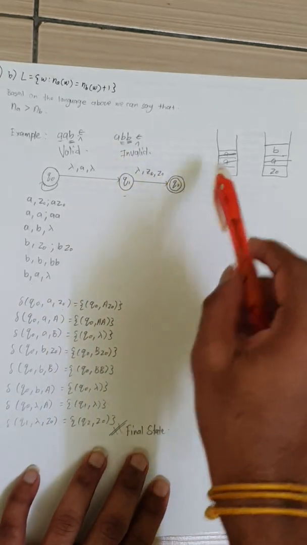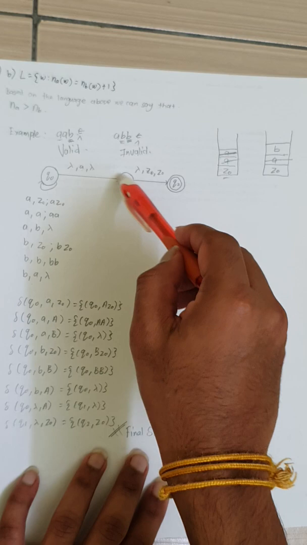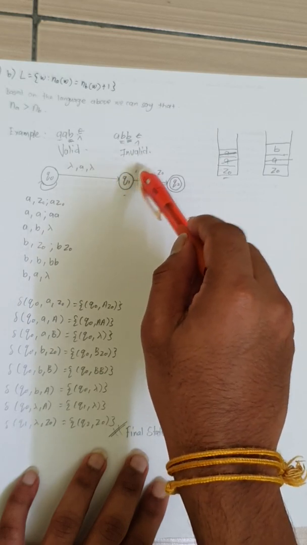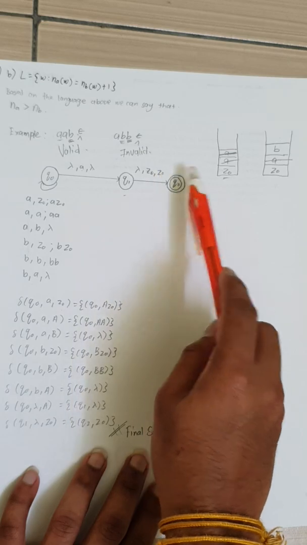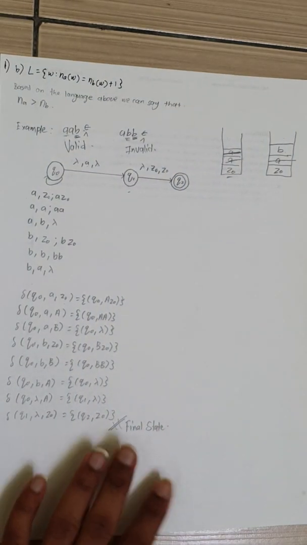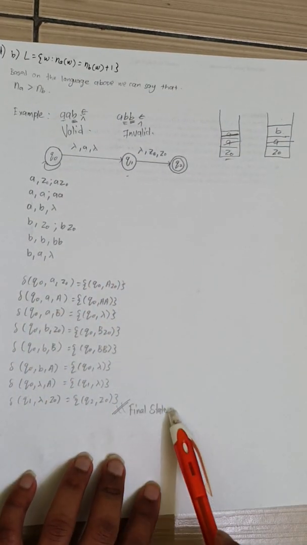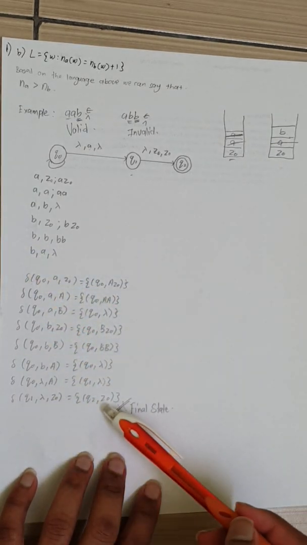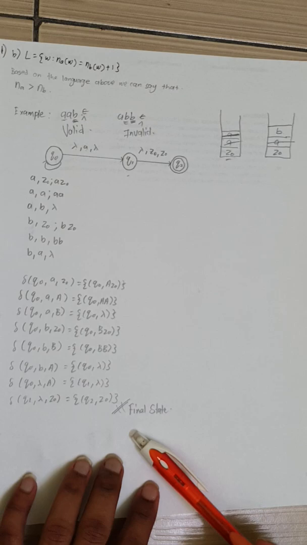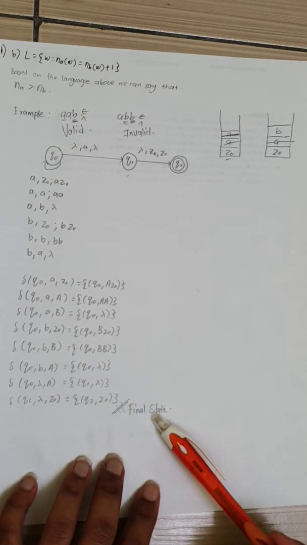Our final state is reached when we scan an empty, epsilon, and the topmost symbol is z0. So this is my transition from Q0 to Q2, which is the final state. So that's it for this question. Thank you.